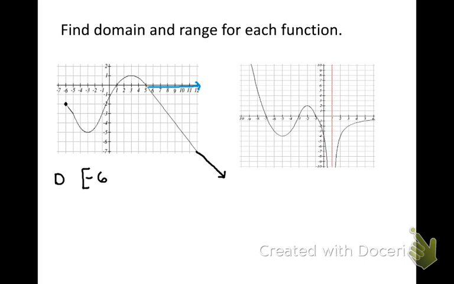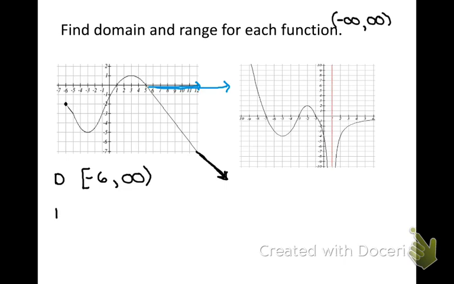So in this case, my x value furthest to the right is going to be infinity. Now, we can never actually get to infinity, or negative infinity for that matter. So infinity and negative infinity are always going to get parentheses. Always, always, always.